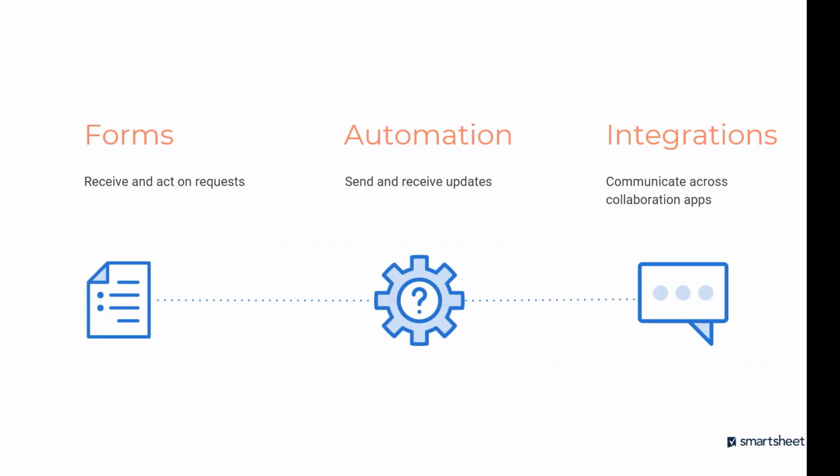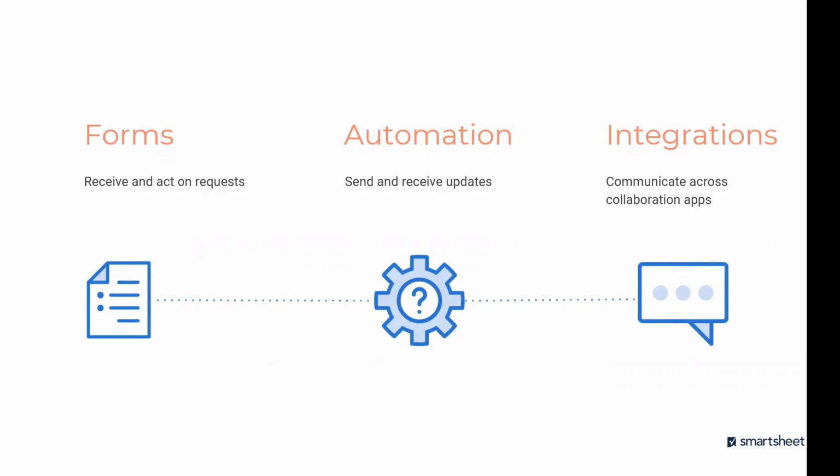Our goal today is to ensure that you can collaborate more effectively in your own work processes using these methods. We'll discuss a few scenarios that cause email volume and how to solve for them with Smartsheet. Requests, which we're going to manage by creating a form. Status updates, including receiving, requesting, and really everything in between using Smartsheet automation. And then an issue that's becoming more and more common, which is having too many apps that you need to update and work in.